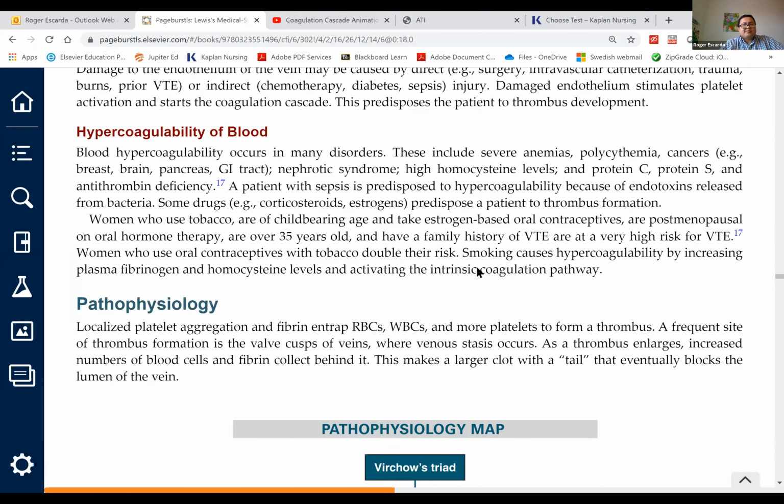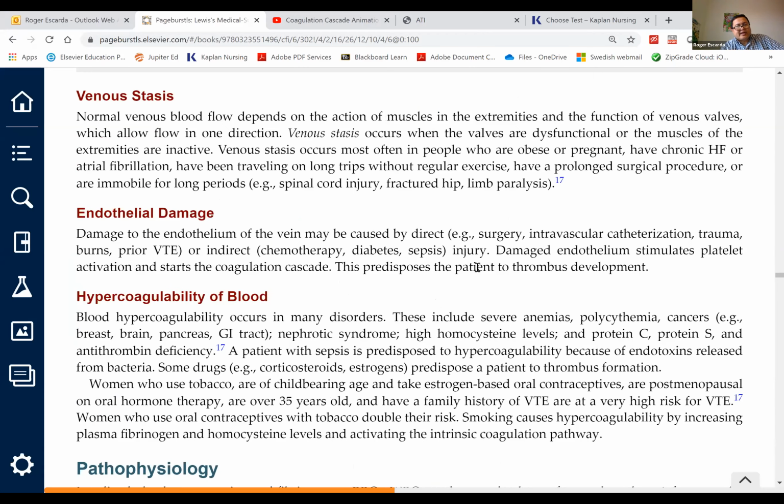Any questions about Virchow's triad? This could be any patient, right? So let's say, Maria, do you have any of these triad right now? No. But when I admit you in the hospital, will you have it? Probably, if I don't ambulate. Because what is the tendency? You slap an ID band on, you lay in bed and rest.